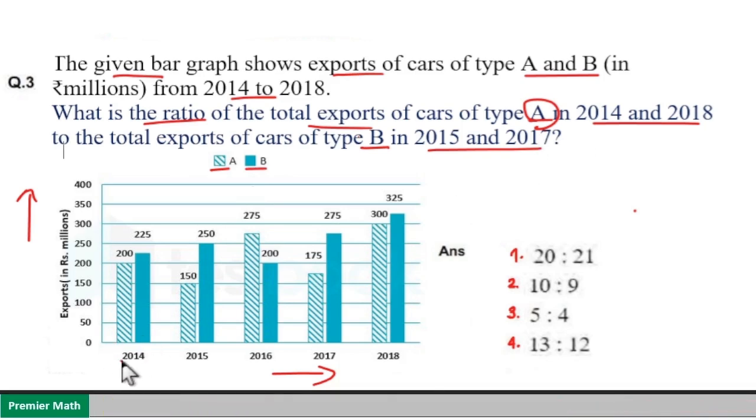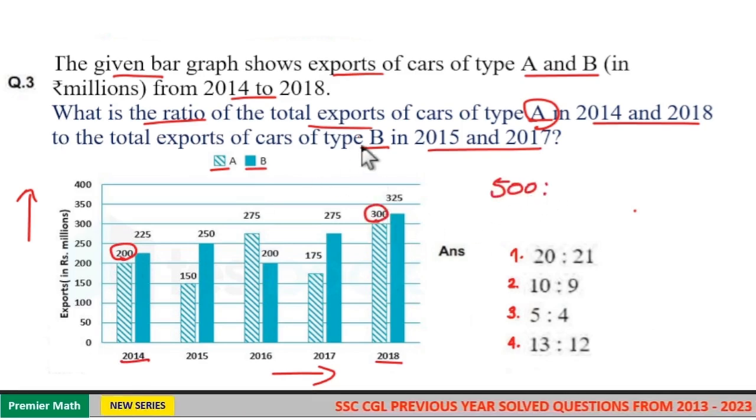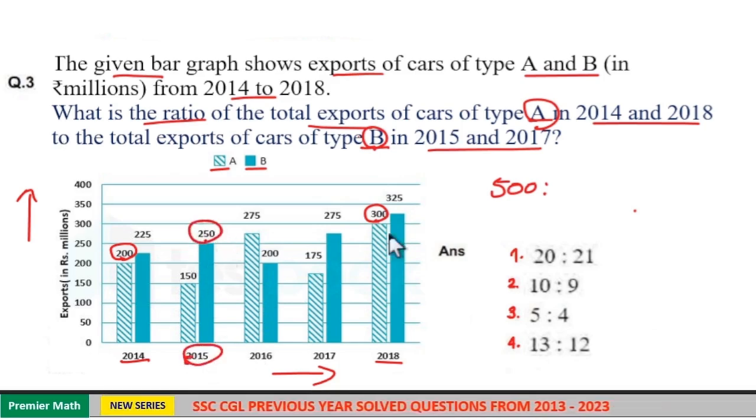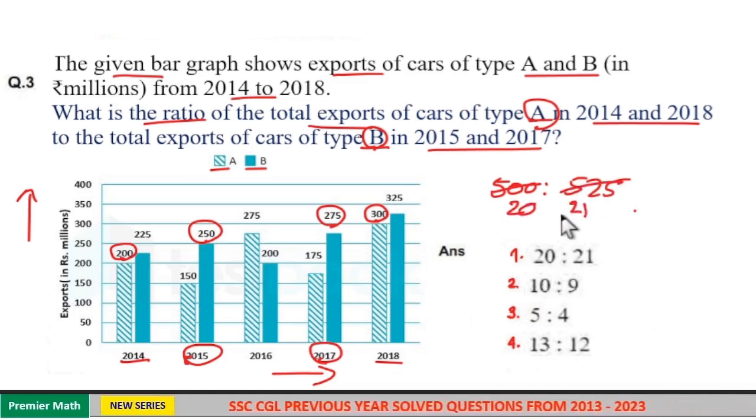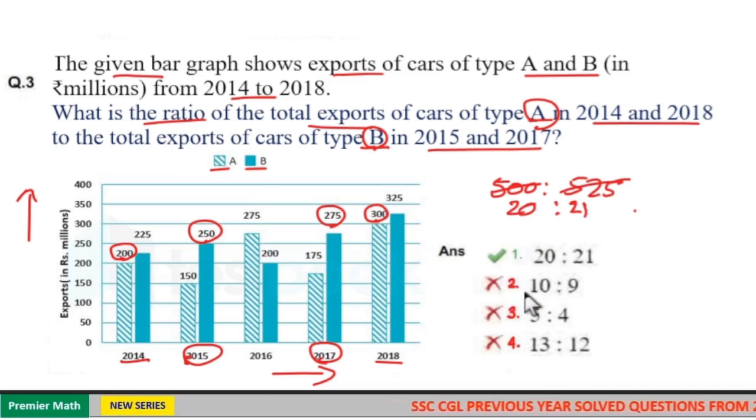Now A in 2014 is 200, in 18 is 300. So total 500 is to B in 15 and 17. In 15 B is 250 and in 17 B is 275. So total 525. 25 goes 20 times in 500, 25 goes 21 times in 525. Option 1 is your answer.